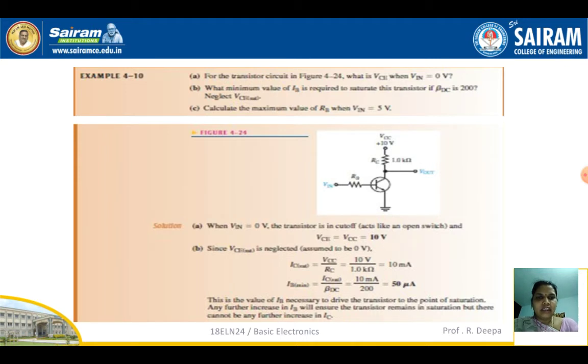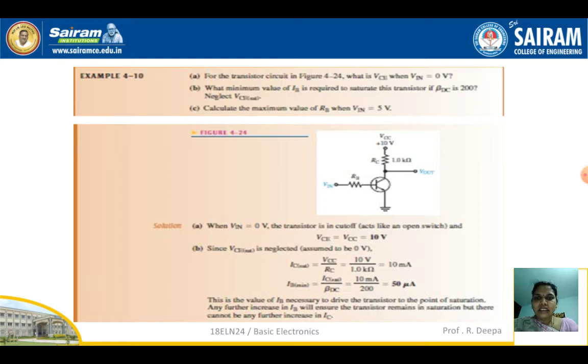So we can write VCE, that is the voltage drop across the collector emitter terminal, will be equal to VCC by neglecting the currents. So VCE will be equal to VCC, which is equal to the given 10 volt.